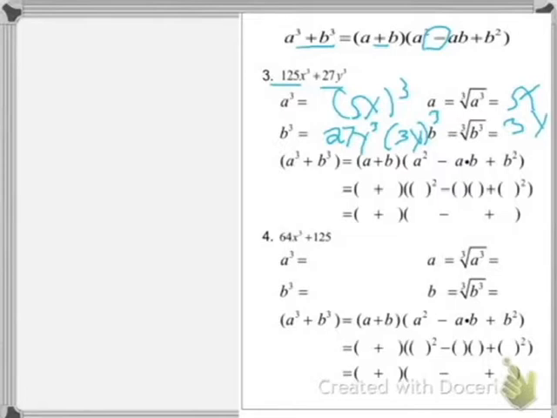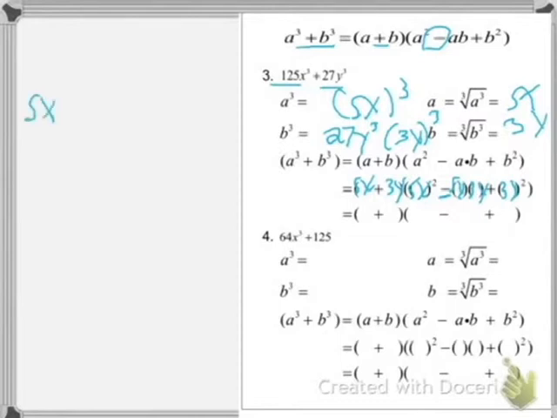Now, just as in differences of cubes, we're going to plug it in. 5x plus 3y, 5x squared, minus, that's the difference, 5x times 3y, plus 3y squared. I'll write out the simplified version over here.